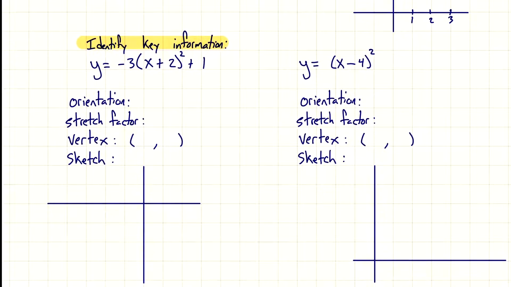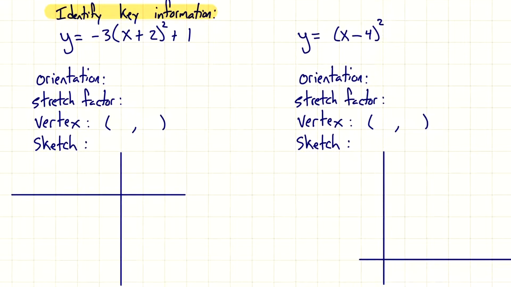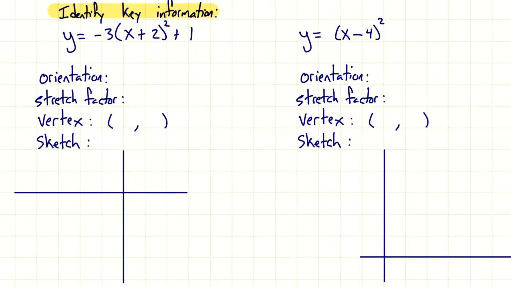All right, so here, let's try to do the same thing. I have 2 equations set up for us, and then we'll do the exact same thing. We want to be able to identify key parts of the graph so we could do a nice sketch. And the nice part is you technically don't need a graphing calculator to graph these.